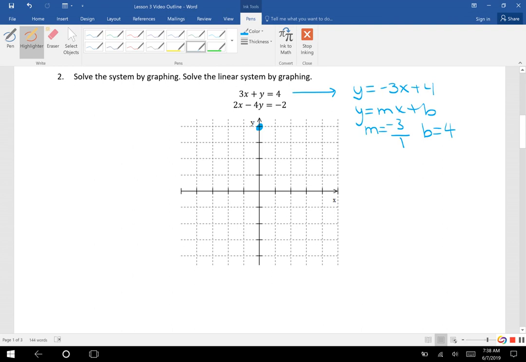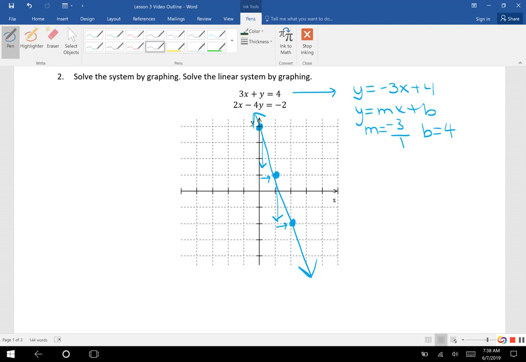That means I can go down 3, that's the -3, and to the right 1. And there's another point on that line. We could repeat this, down 3 over 1, as many times as we need, and then we can just connect the dots with a nice straight line. So there's the graph of that first line.